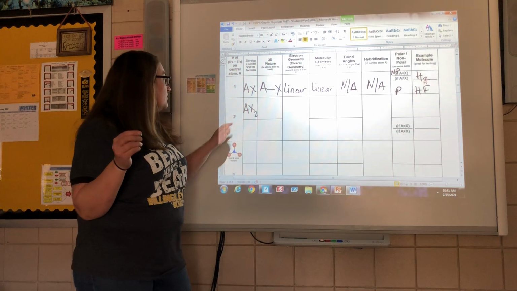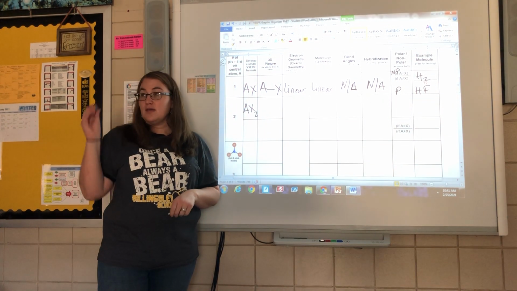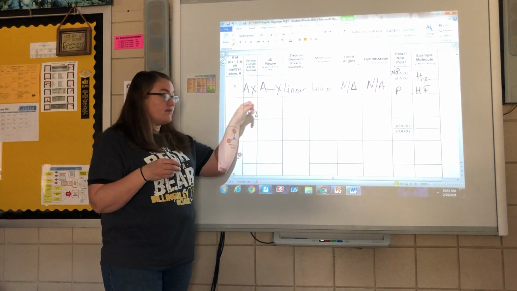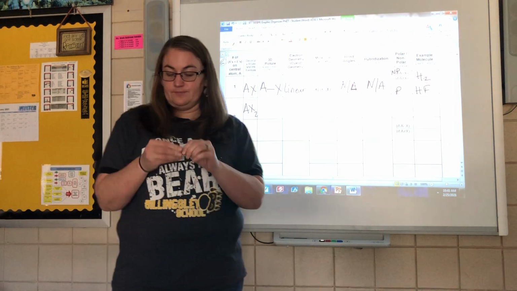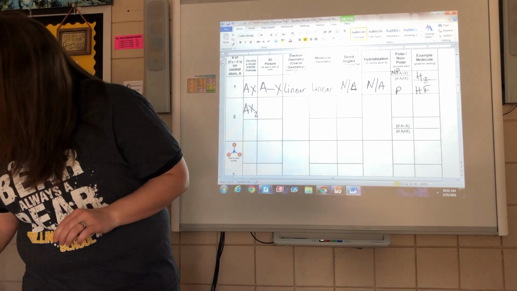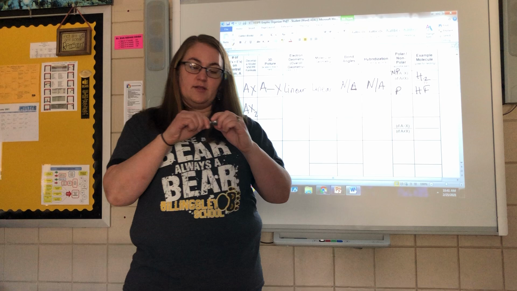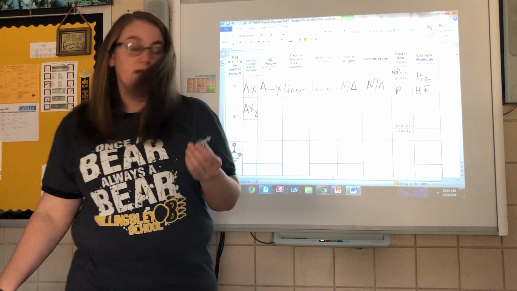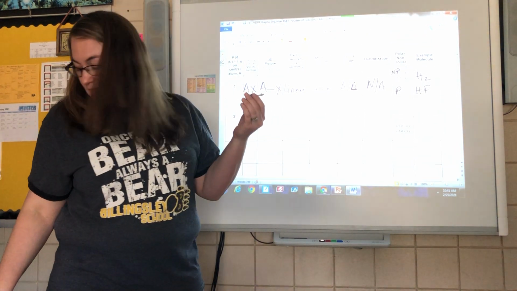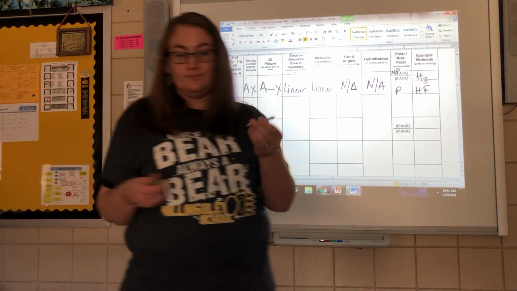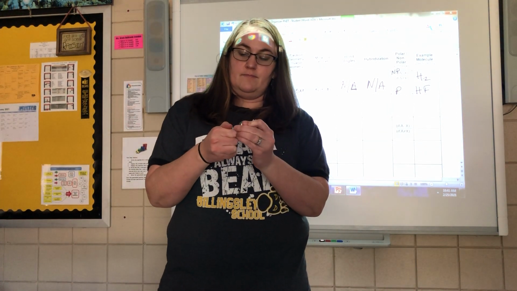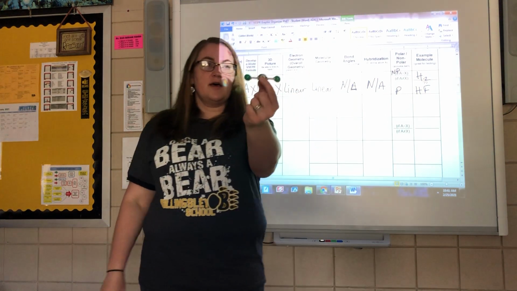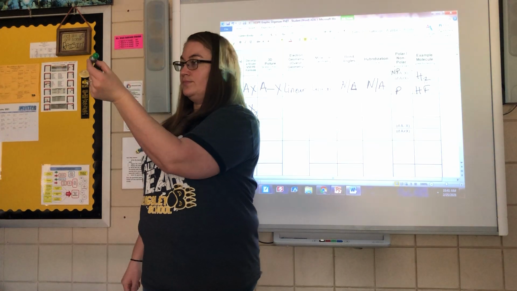So what's going to go in the middle, A or X? A. Okay, because we've got one A and two X's, so we're going to put A in the middle. So I'm going to get two of my bonds here. And I've got two X's, so I'm going to use green to represent the X's again. So this is what we would look like as an AX2.